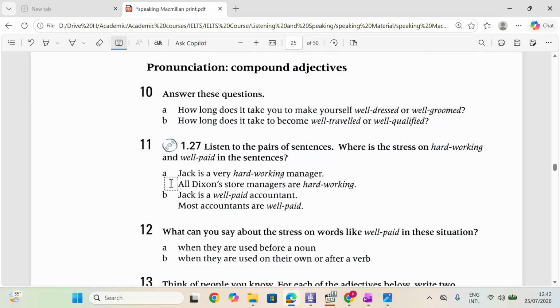I need someone to read aloud both sentences of letter A. Jack is a very hardworking manager. All Dixon's store managers are hardworking. What's the difference between the first hardworking and the second hardworking, in pronunciation I mean?